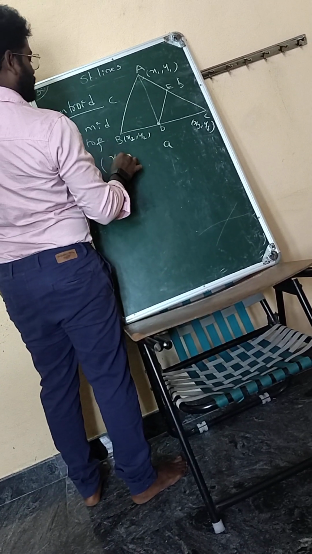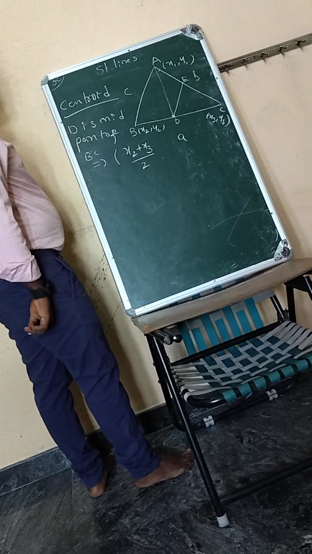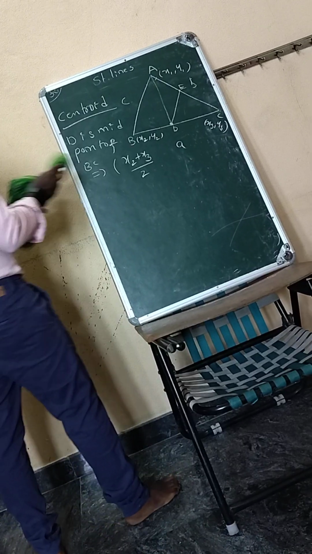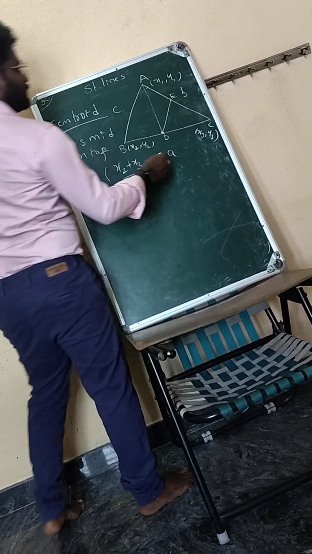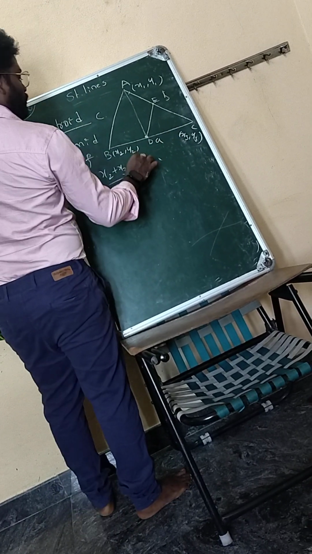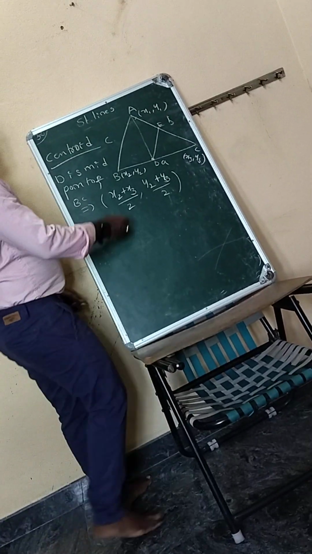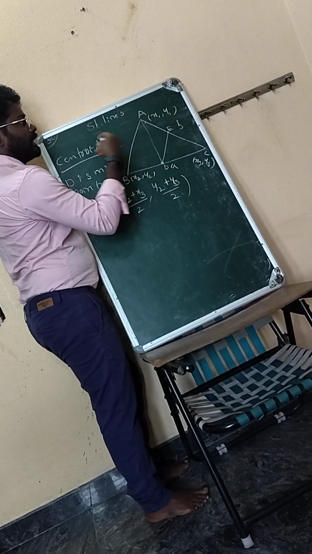And the formula is x2 plus x3 by 2, and the same condition, y2 plus y3 by 2. Once you observe that one, this is the midpoint. What is the meaning of centroid?